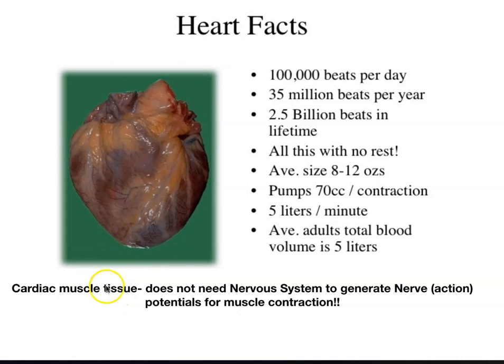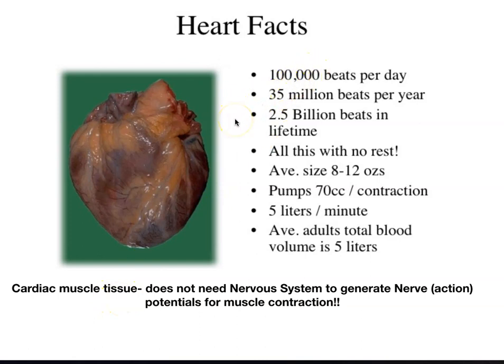No, that is not needed in cardiac muscle. It can produce its own nerve and action potentials. There's specialized cells in the heart that will produce these nerve action potentials. So you'll learn about those in physio. But that's one thing that's cool about cardiac muscle tissue.